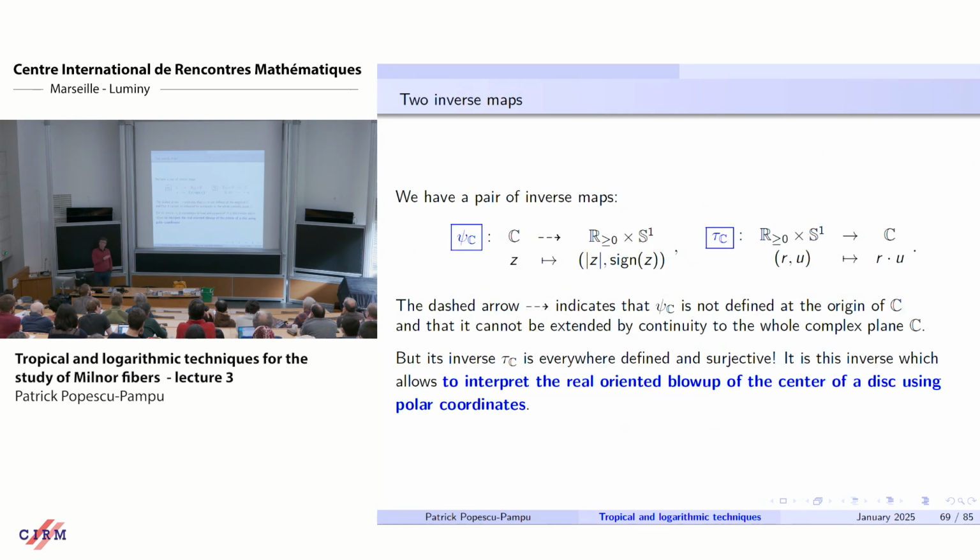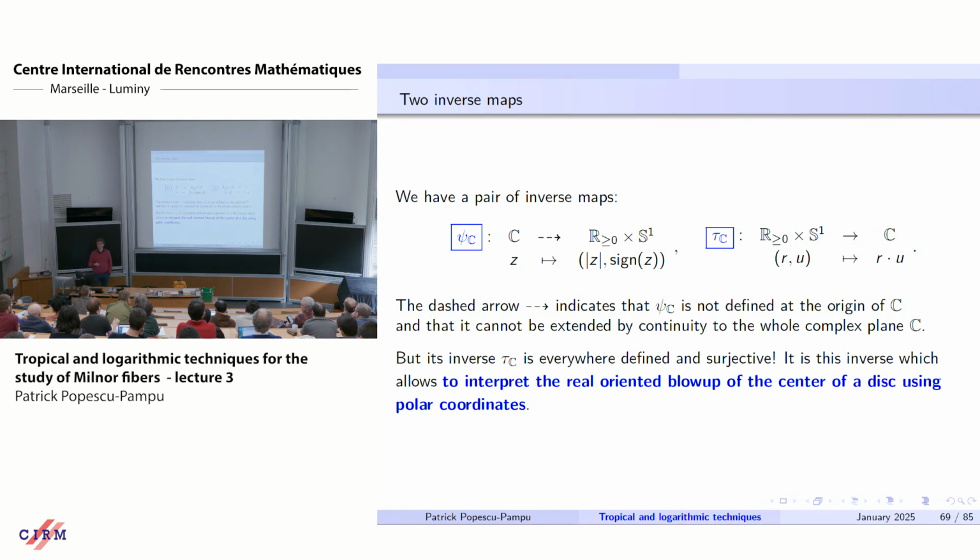So now we can look at those formulas in two inverse ways. The first one starts from C and associates to z the pair modulus of z and the sign of z. The problem of this is that it's not defined at the origin. But if we look at the inverse, we start from a point in r bigger or equal to 0 cross S1, we can multiply those always.